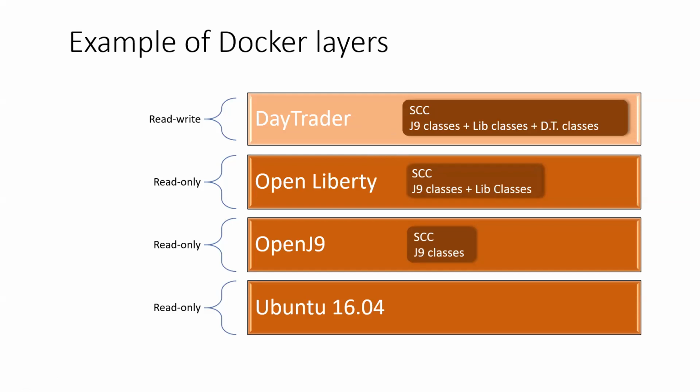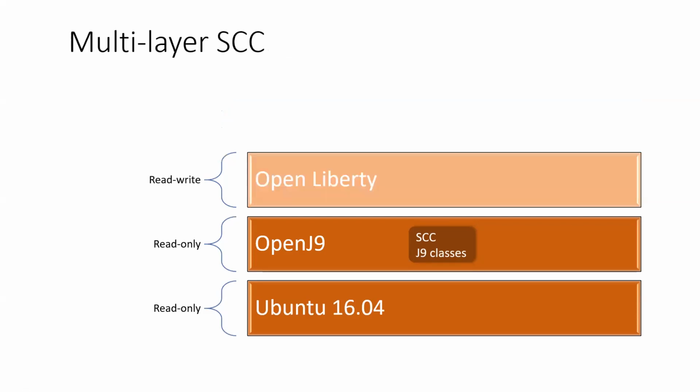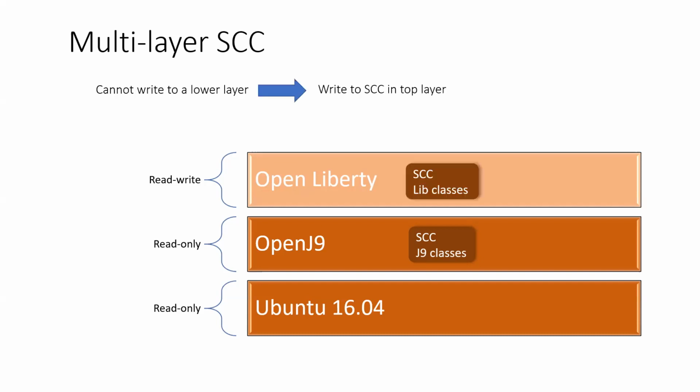So let's go back to a previous step. When we are building the Open Liberty layer, we cannot write into a lower layer because we want to avoid the data duplication, which means that we need to write the Liberty classes to somewhere else, which is another shared class cache in the top read-write layer.